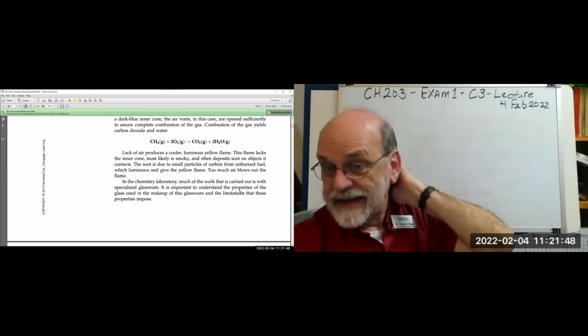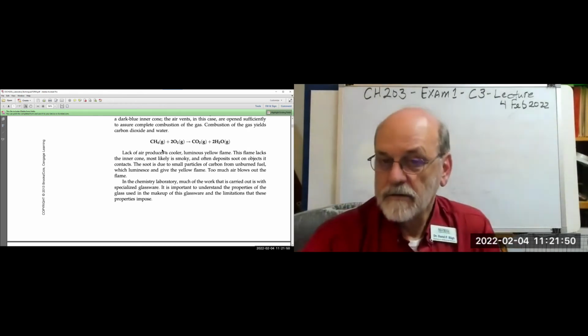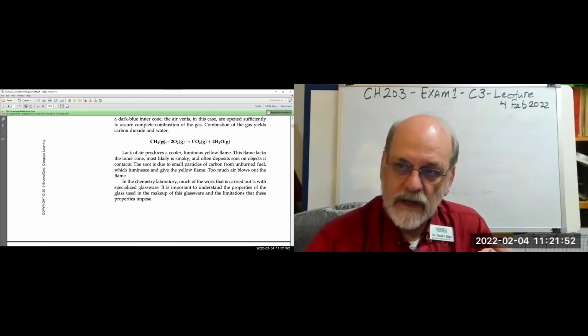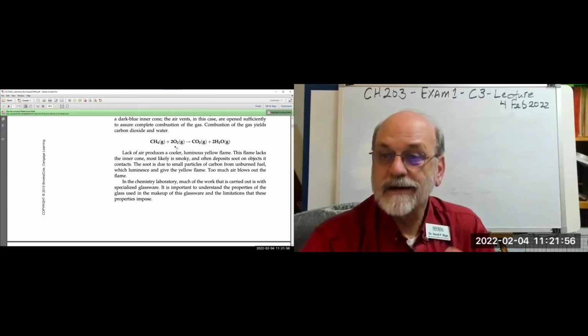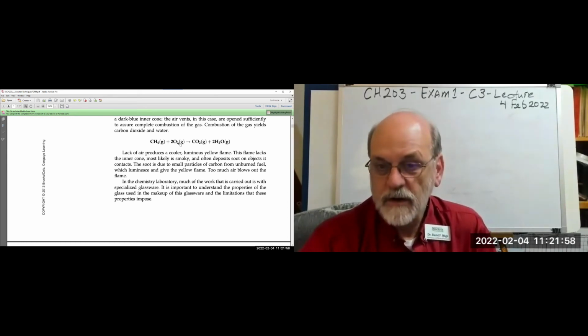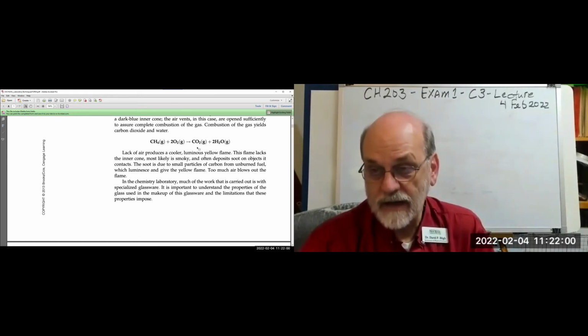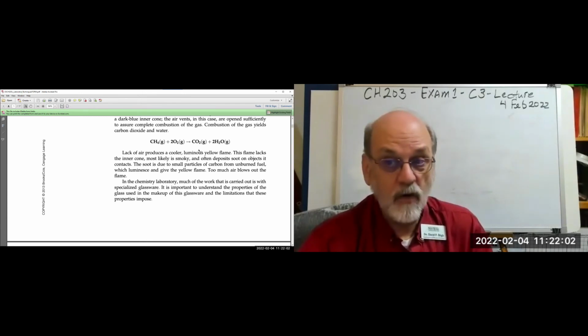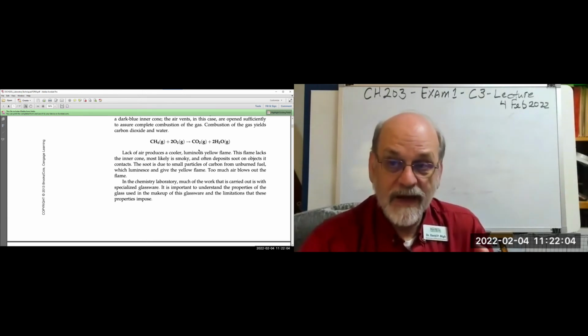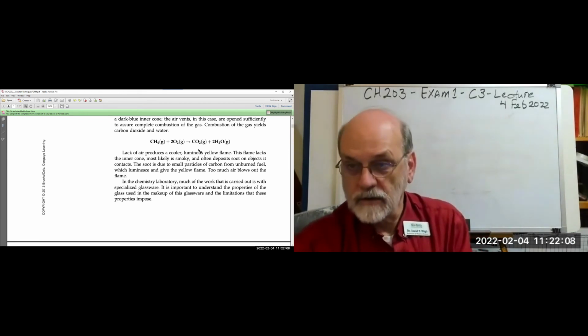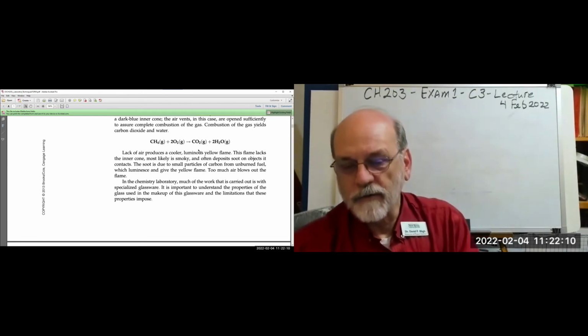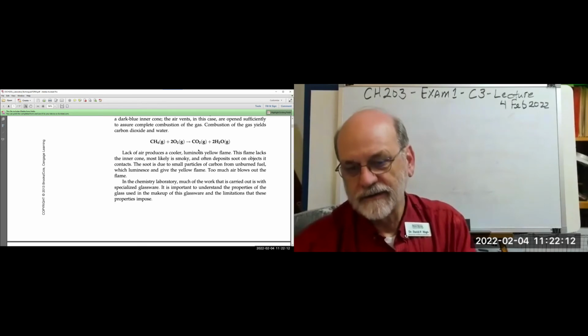Now, if for some reason we restrict the input of oxygen, you get incomplete combustion. In other words, you don't go all the way to carbon dioxide. Some of it may go to carbon dioxide, and some of it may be incomplete and produce just pure carbon or graphite. We often identify that as soot.